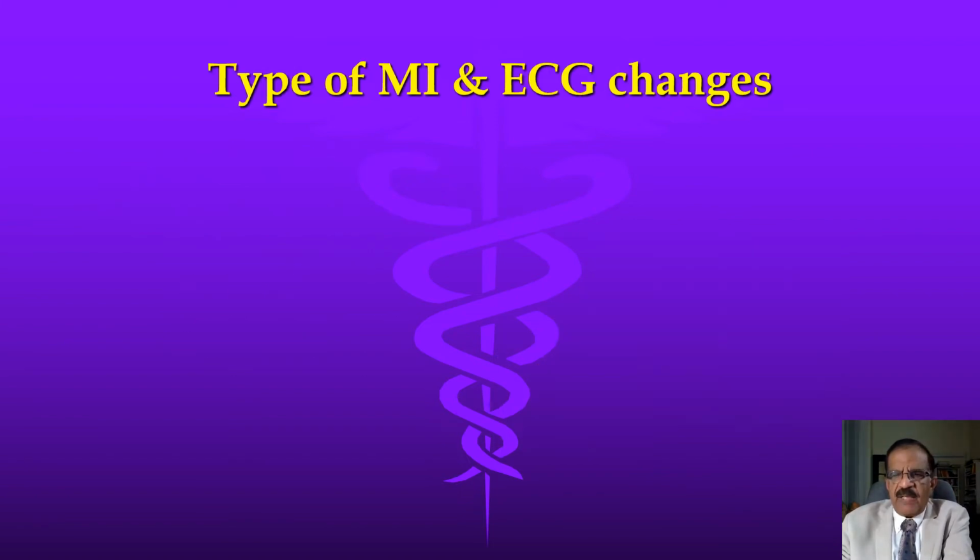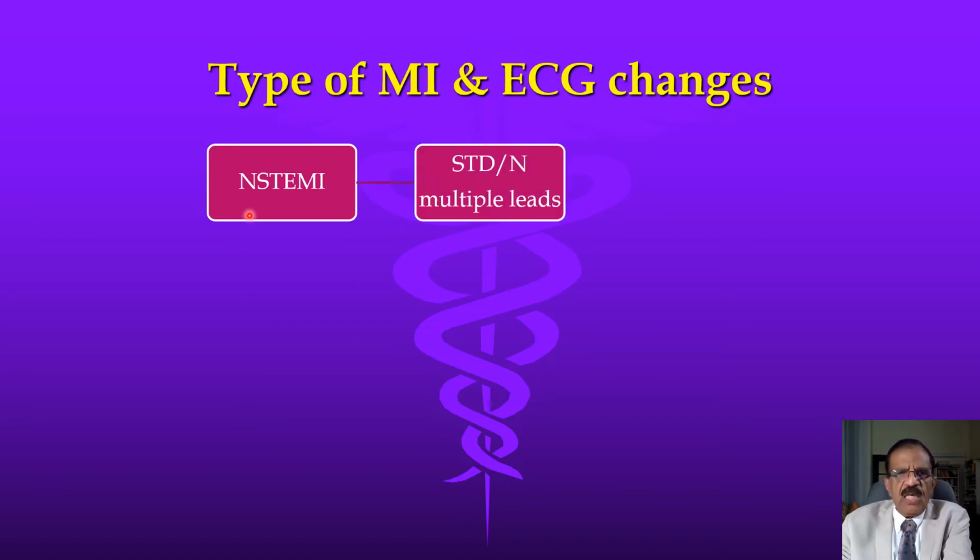Types of myocardial infarction and ECG changes. In NSTEMI, I'm sure you are all familiar with this term, non-ST segment elevation myocardial infarction, the changes are ST depression or no changes. Please remember, it is perfectly possible to have a normal looking ECG, at least to the beginner.